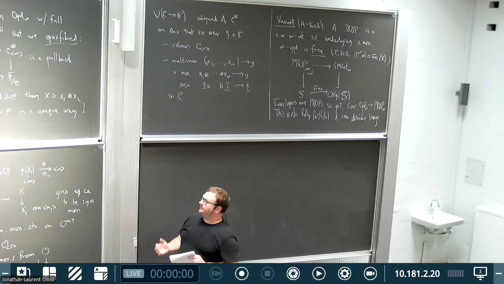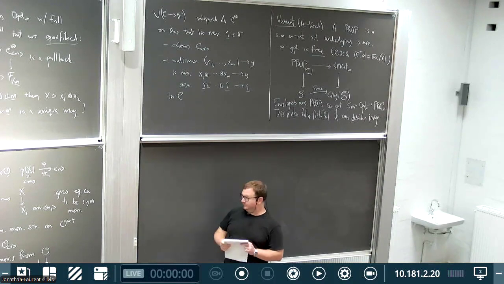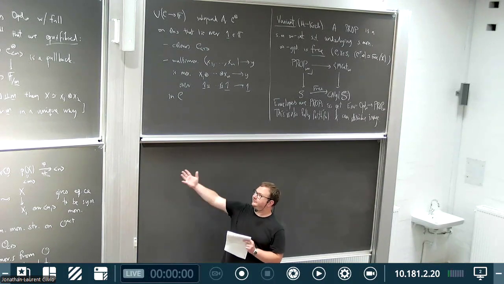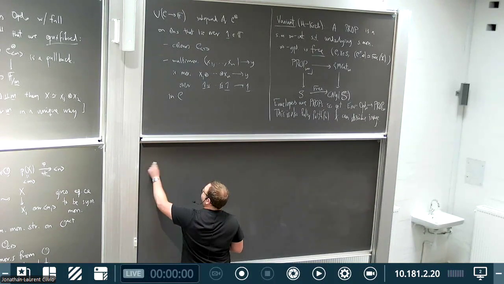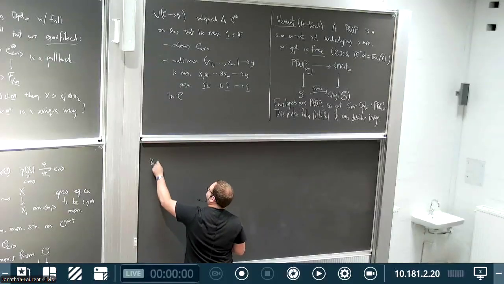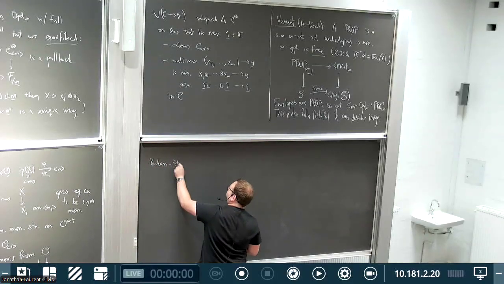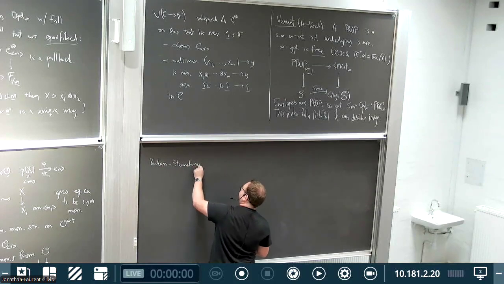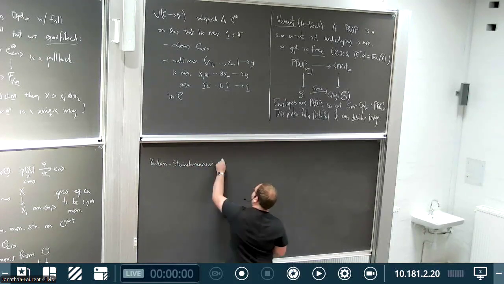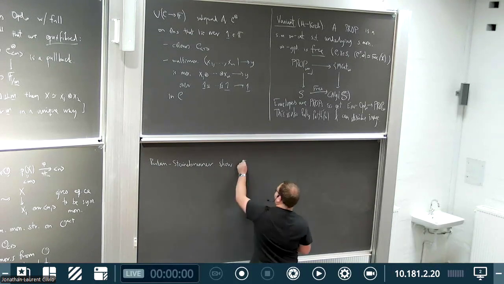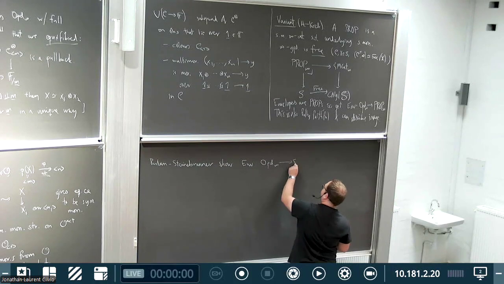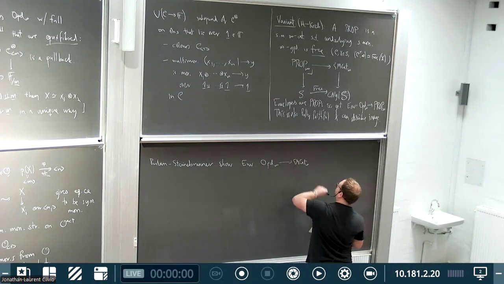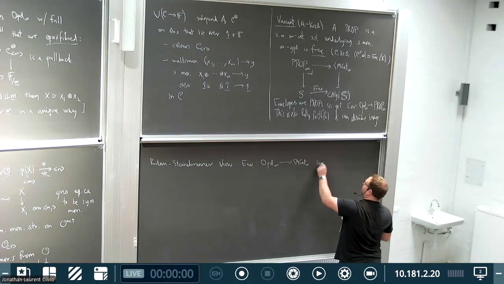But Jan and Charles actually do something much more surprising, which is they can show that the plain envelope functor from infinity operads to symmetric monoidal infinity categories is a subcategory inclusion.